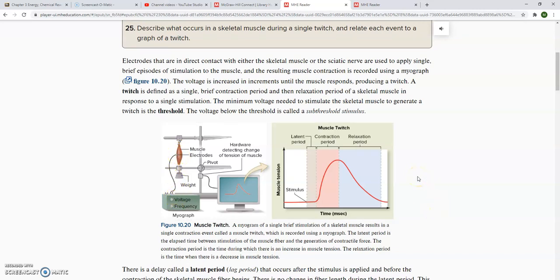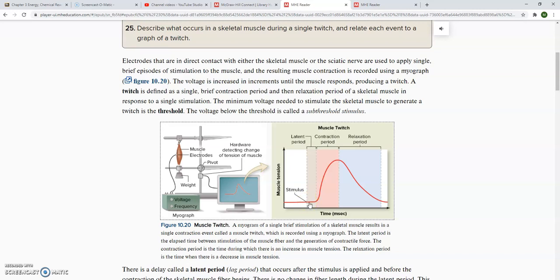If we stimulate a skeletal muscle fiber once, just giving it enough stimulus to elicit a contraction, what we'll notice is that this is the period where we don't have much muscle tension, and then this is the point where we send the stimulus to stimulate our muscle cell or fiber.